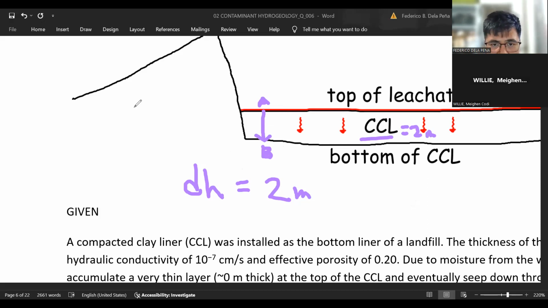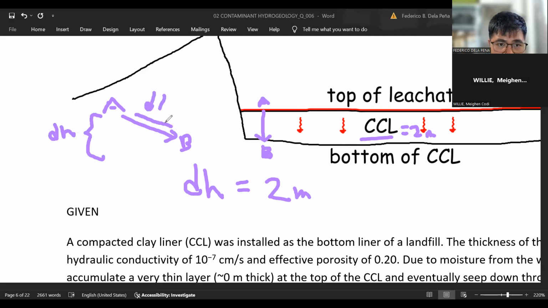So for example, if you have a flow that is diagonal, the head loss would be this vertical component, that would be your DH. And then the flow path length would be this straight line distance, which is the length of the diagonal line.